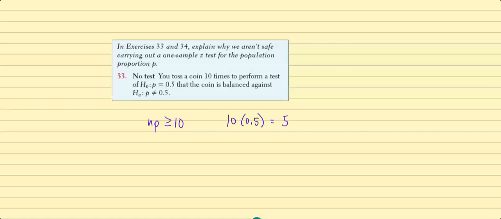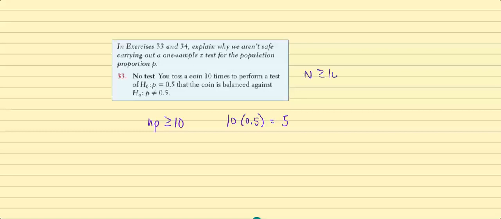And so our large count condition has not been met because this number is not greater than 10. We would have to have a bigger sample size to make this a problem that we could use the one-sample z-test for.